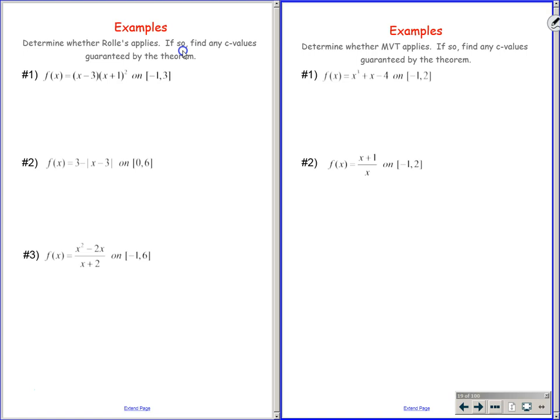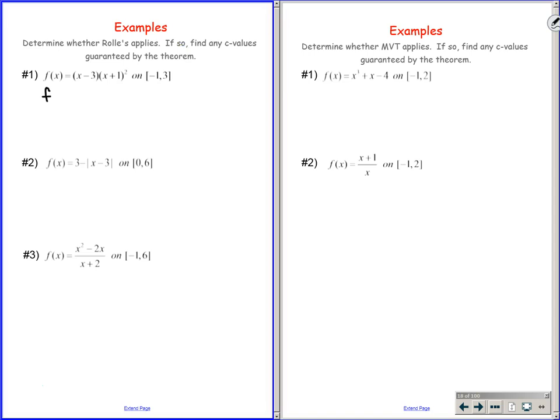Can you guys see the functions? Are they too light? Can you see them now? Yes. Okay. Do I have to worry about f and its continuity for the first one? No, because he's what kind of function? When you multiply him out, he would be technically to the third power, but he's a polynomial.